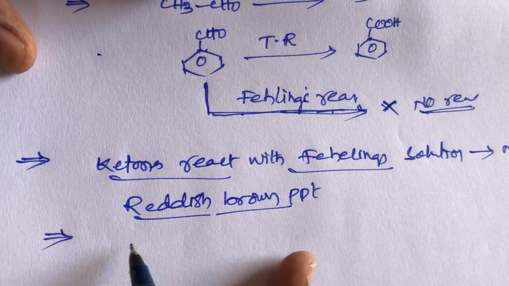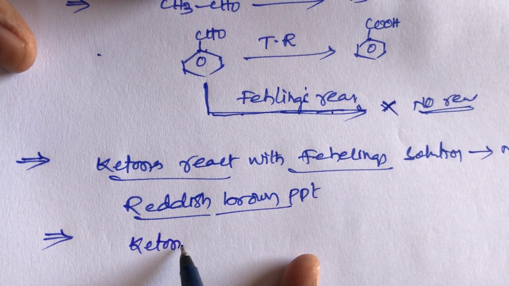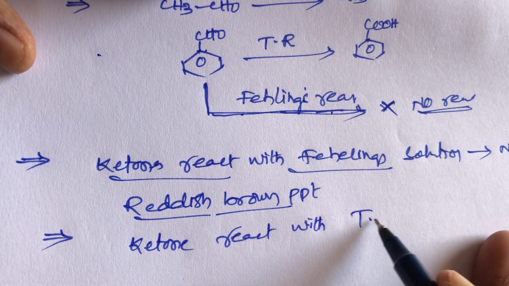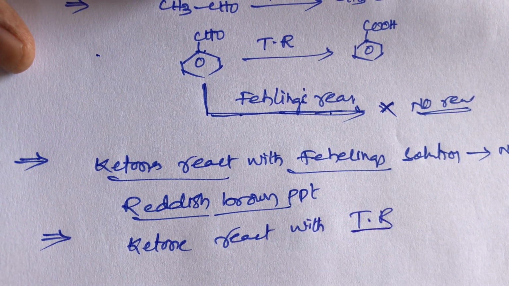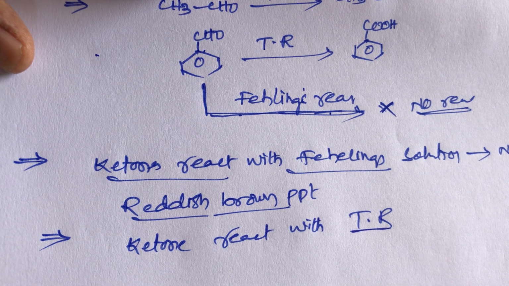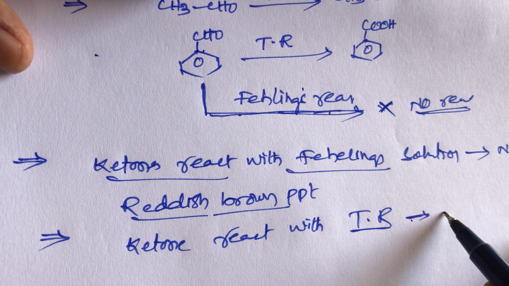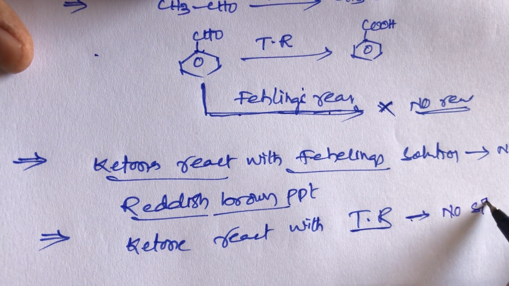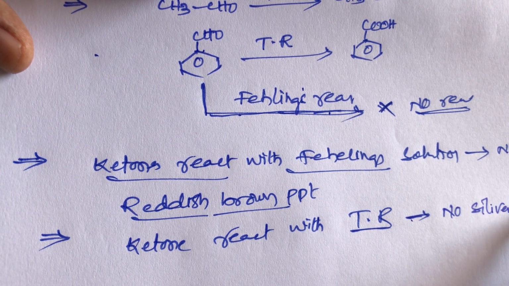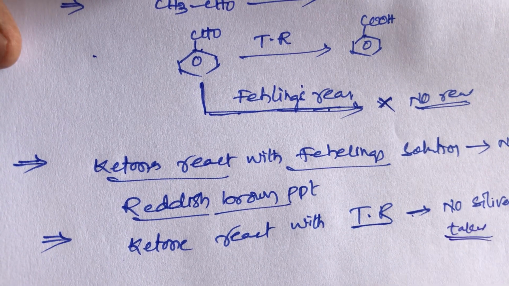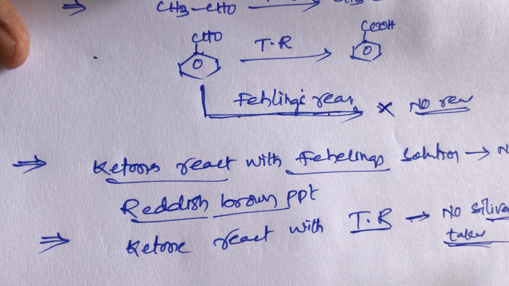And one more point, students: when ketones react with Tollens reagent, no silver mirror is formed. This is also very important.